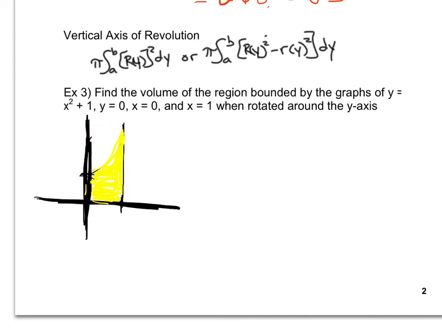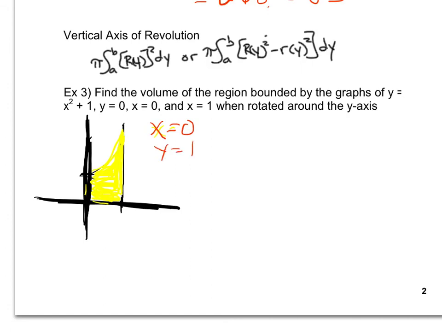But up here, I am going to get a hole. So I need to figure out where this function, x squared plus 1, intersects with this function, x equals 0. When x equals 0, notice that y equals 1.